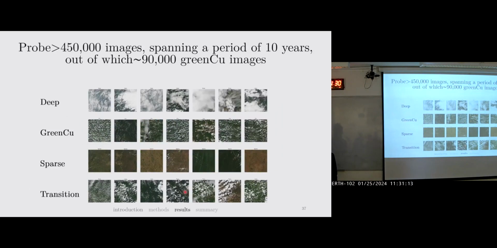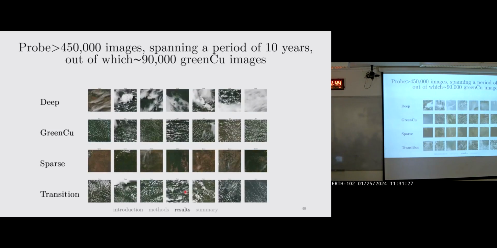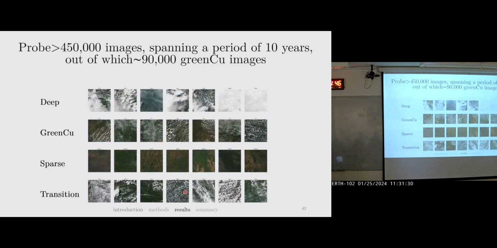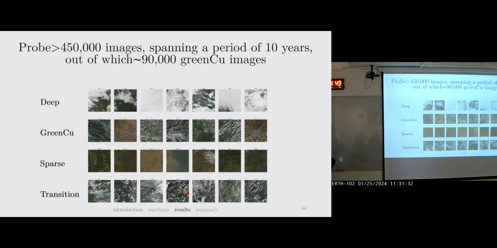Instead of probing 1,200 images or so, we're now probing almost 500,000 images. Instead of 2 months, we now span a period of 10 years, and we end up with about 90,000 green Cu images instead of just 2,000. And here I'm showing you just a few examples of model predictions. The model did a pretty good job in detecting these clouds.